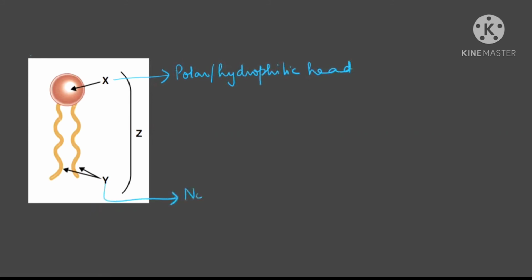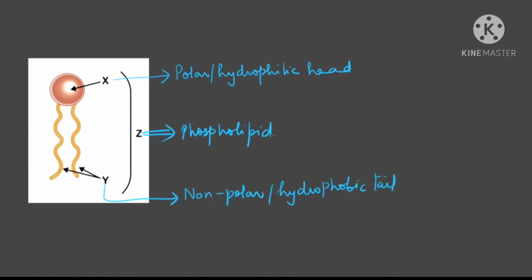You will give it is the non-polar and hydrophobic tail. Clear, beta? And what answer will you give for Z? What is this? You will say this is phospholipid. So I hope this much labeling you have learned.